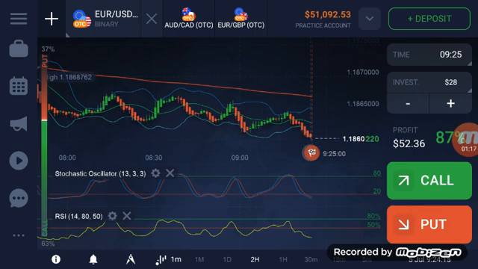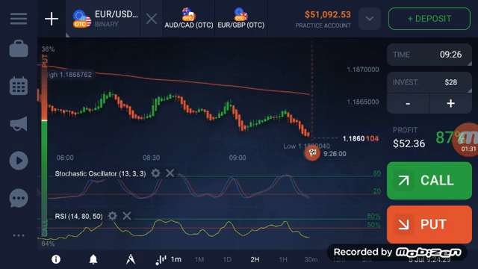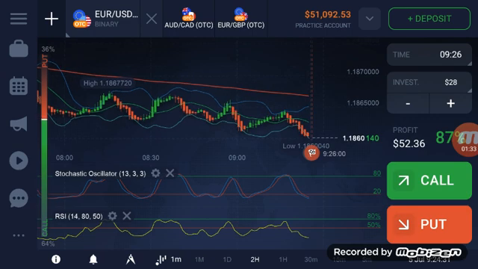So going into the trading now, Euro USD, we're on some OTC markets. I don't know why, because this is Monday morning, but we'll go with what's there. Good percentage, 87%. So we're looking at Euro USD, Australia CAD, Euro GBP, all on the OTC.